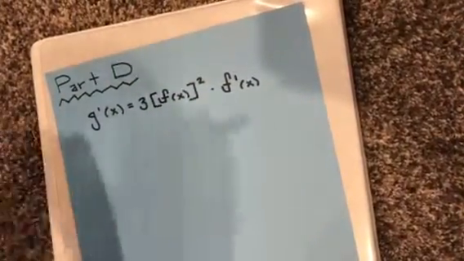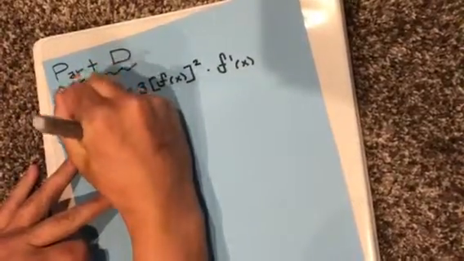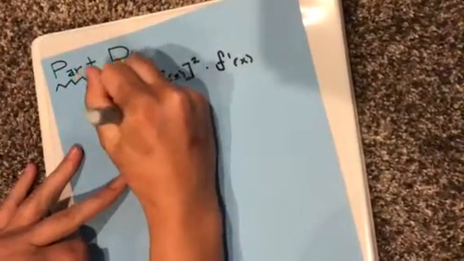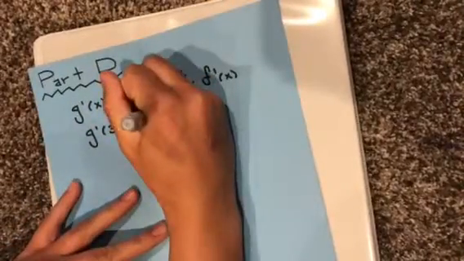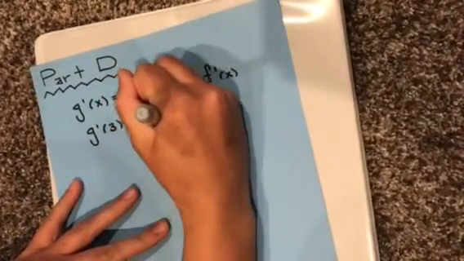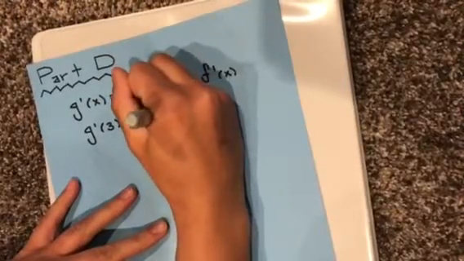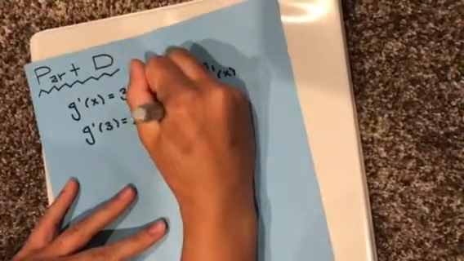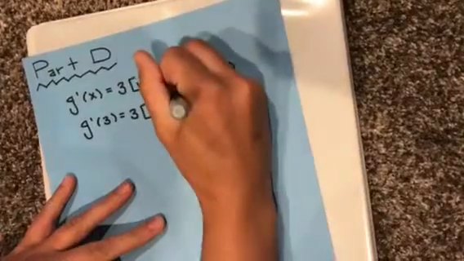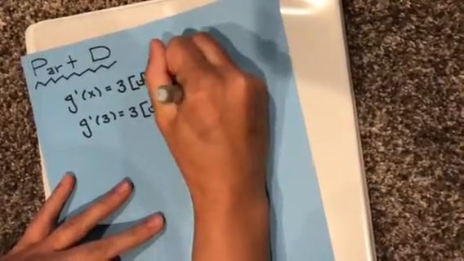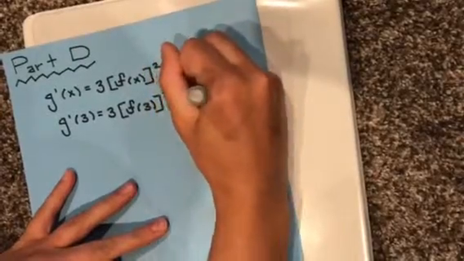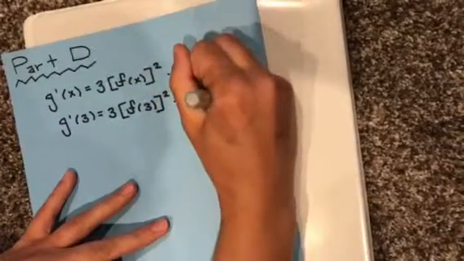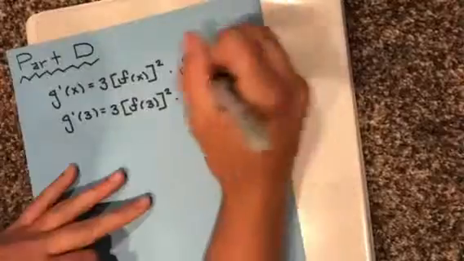You can then plug in 3 for the x value, so your work looks like g prime of 3 is equal to 3 times f of 3 squared times f prime of 3. And sorry, my f's kind of changed from the first video.